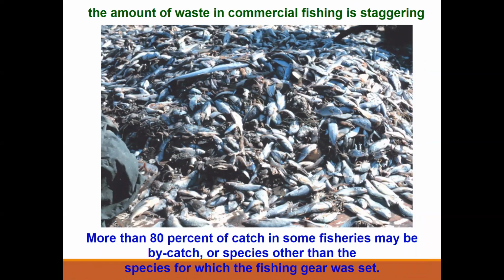And there's a lot of waste produced in commercial fisheries. This is called bycatch. In some fisheries, you can come up to 80% of it being bycatch, which just means that you're trying to catch a certain species or a certain group of species, and you end up with all these other fish that are wasted or thrown out in the process.